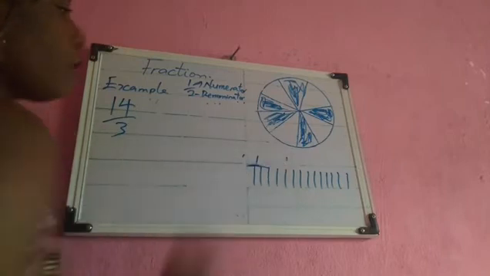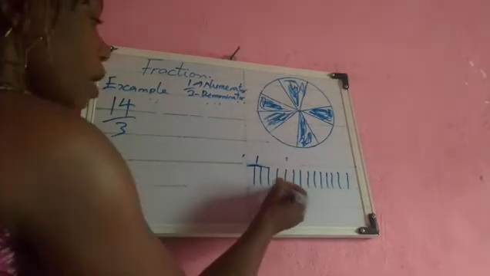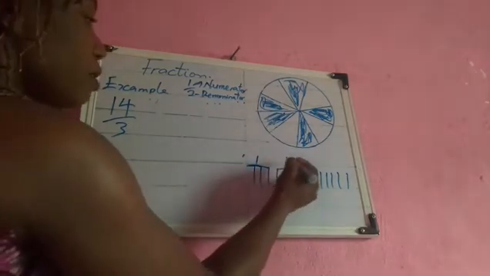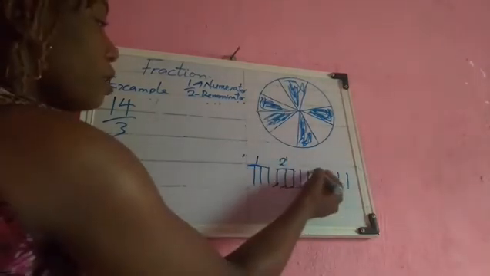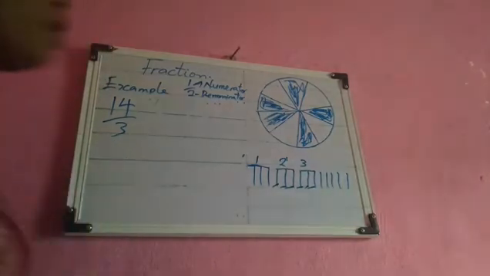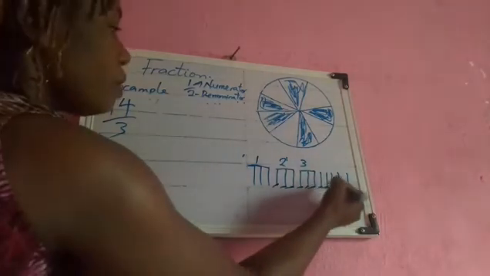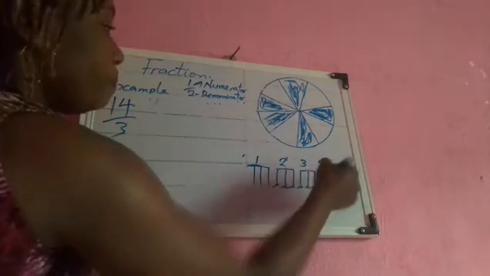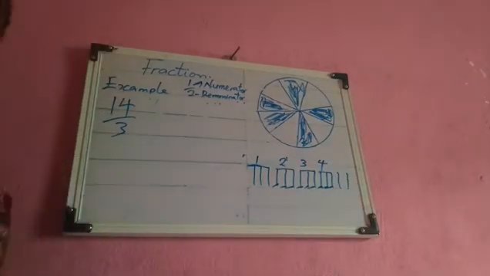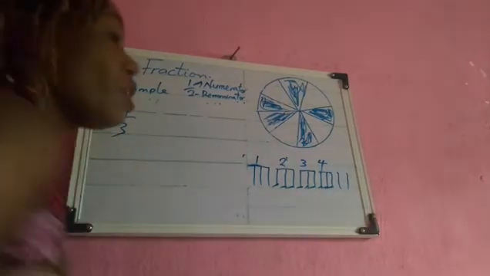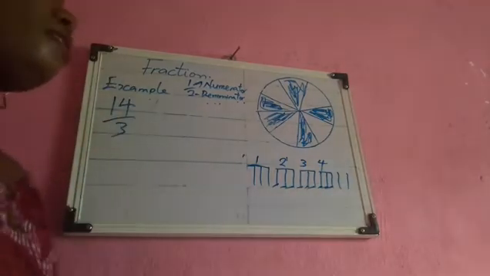We have built our house once. 1, 2, 3, this is the second set. 1, 2, 3, this is the third set. 1, 2, 3, this is the fourth set. Then let's count again: 1, 2. Not up to 3. So we stop here because we cannot get one more to make it 3.